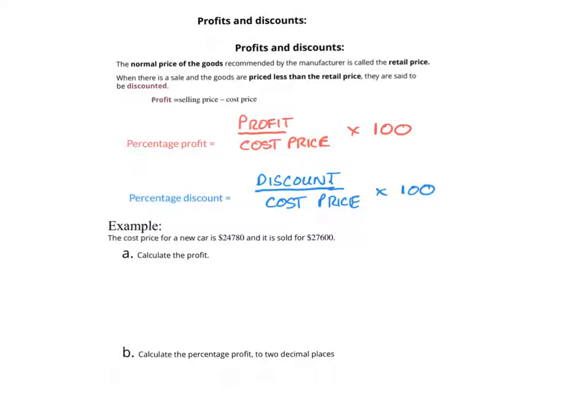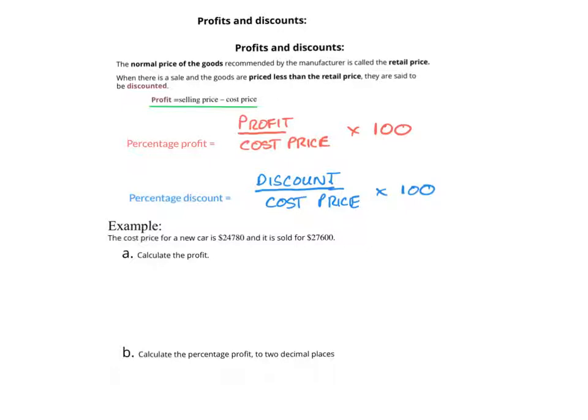Some very important rules that we need to remember here, but again, they can be quite logical. Have a look at this first one. Profit is equal to the selling price minus the cost price. Now, if you think about it, if you were going to make a profit on something that you had bought, the price that you buy it for is its cost price, and then the price that you sell it to somebody else at is the selling price, and the difference between those two would be the profit.